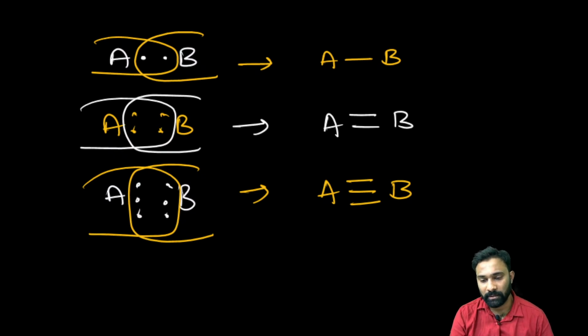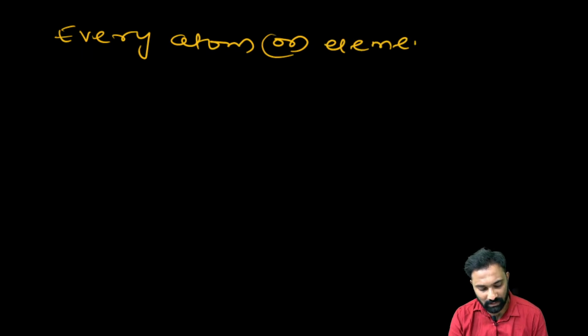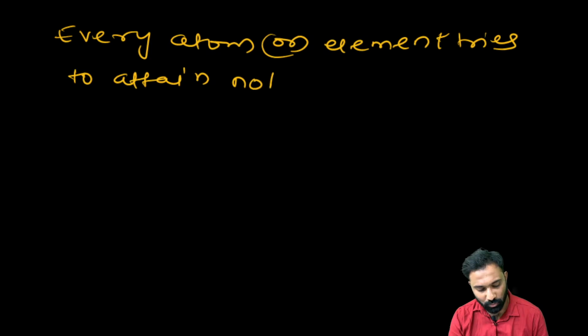Now before understanding very clearly how these covalent bonds are formed, you have to know one concept: every atom or element tries to attain noble gas electronic configuration. Which one?